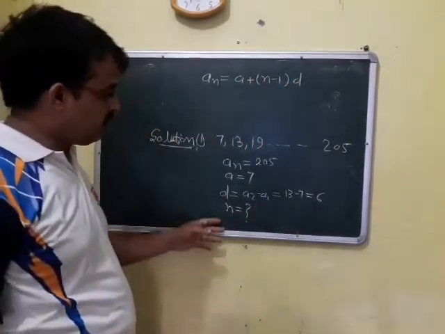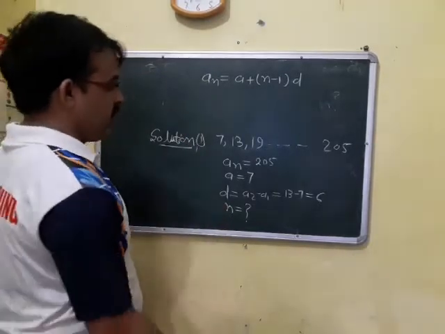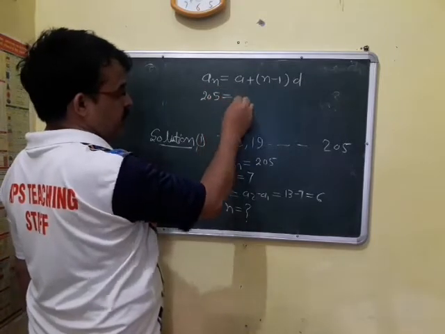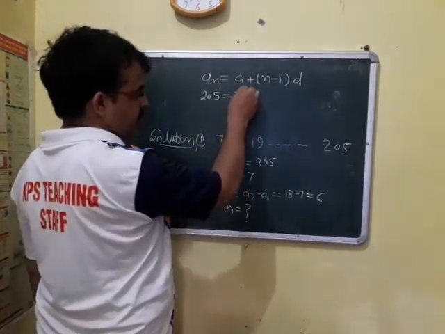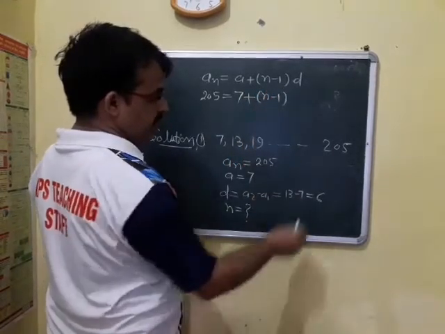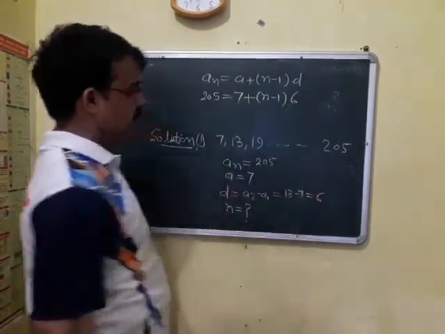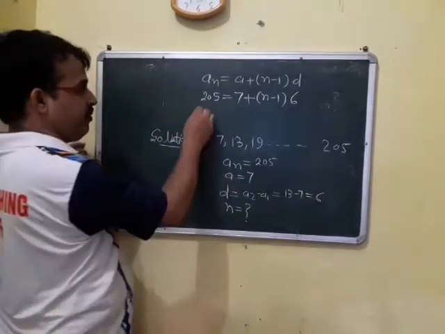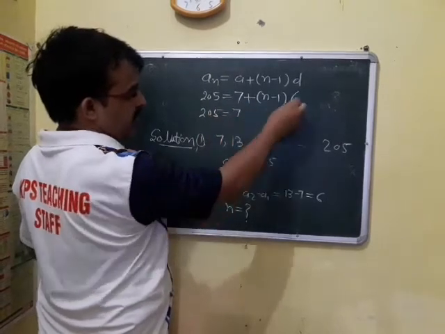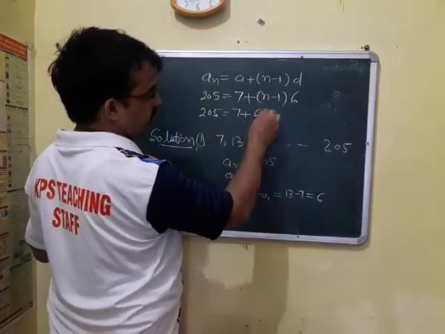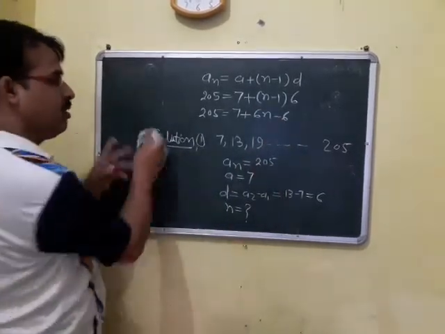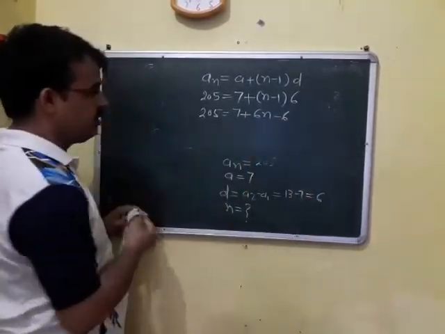These things are given, and now put them here. an is equal to 205, a is 7, plus n minus 1, and d is 6. Clear? Now look, 205 is equal to 7 plus 6n minus 6. Clear? Now we solve the next step.